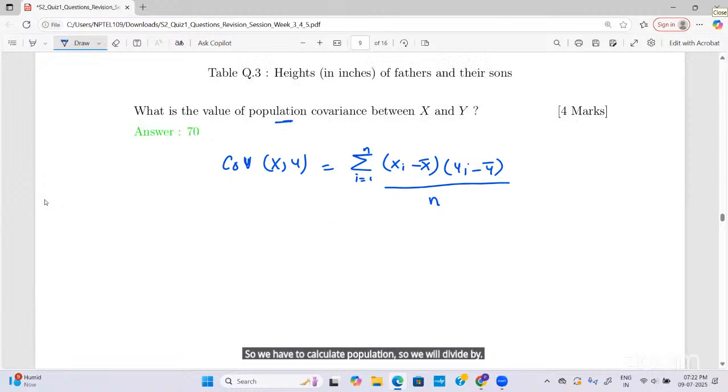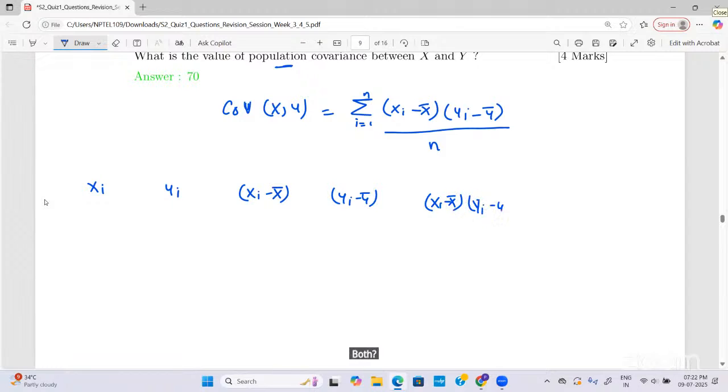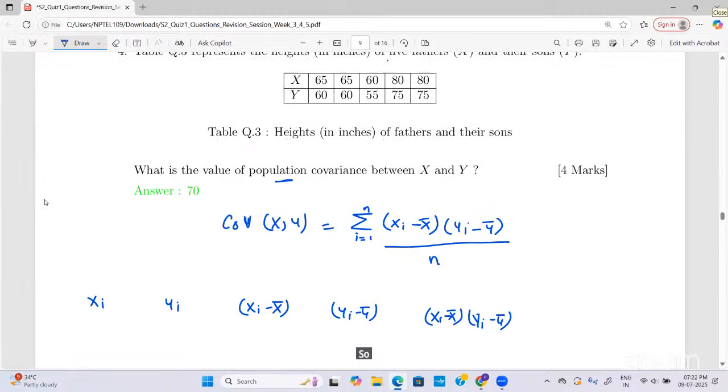Okay, so now again we need to make a table. We will write xi values, yi values, then we have to calculate xi minus x bar, then yi minus y bar, then we have to multiply both, right? These things we have to calculate. xi is 65, 65, 60, 80, and 80.